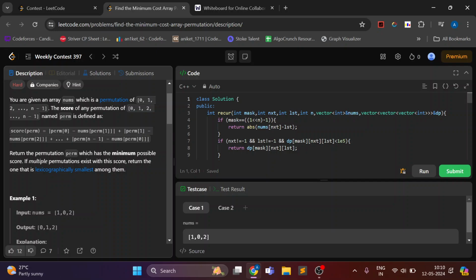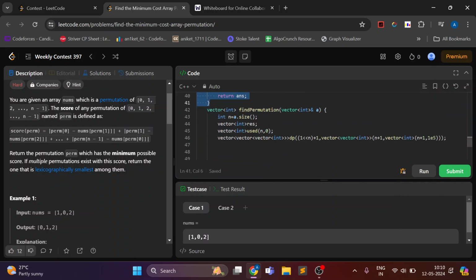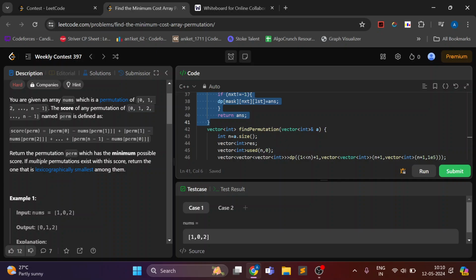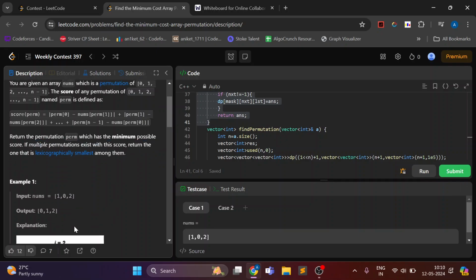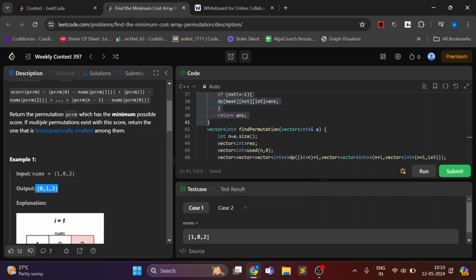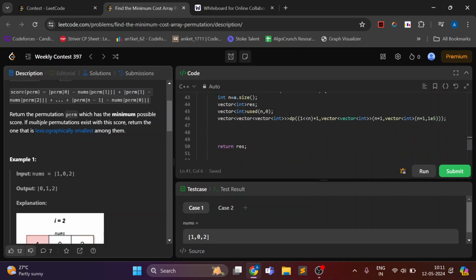I solved this and I was getting the correct answer, meaning I was getting the minimum score for all possible permutations, but I struggled in getting that vector, that permutation, and for getting that permutation we have to backtrack.